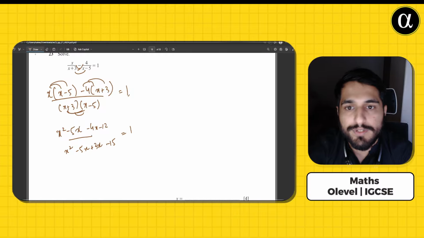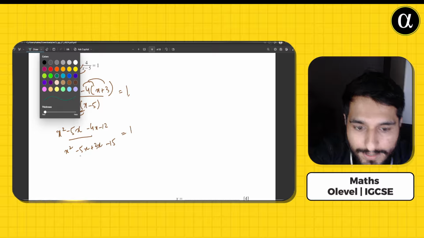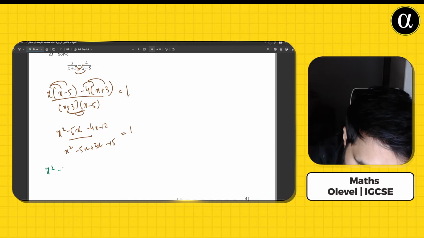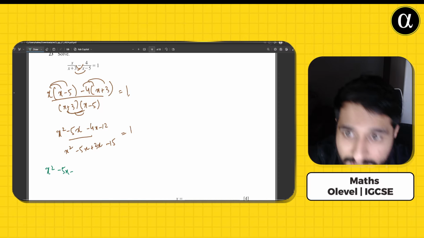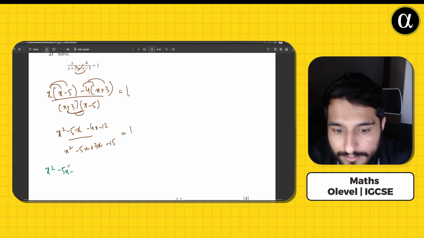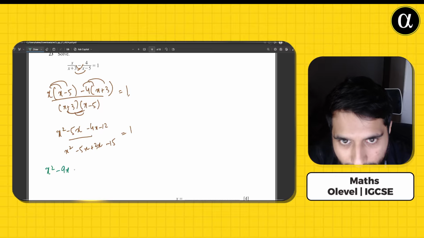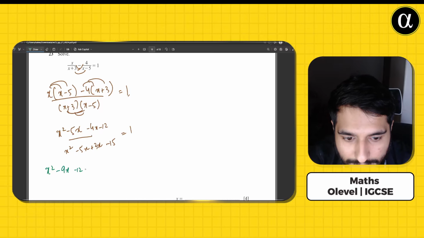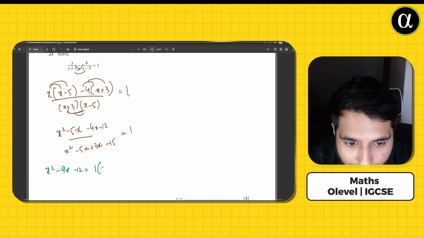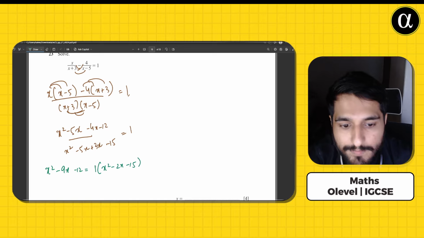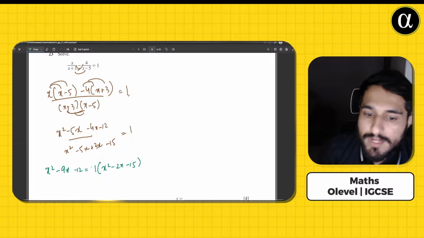When we solve this further, minus 5x minus 4x gives us what? That gives us minus 9x, and minus 12 is equal to 1 times (x squared minus 2x minus 15). So this one would be multiplied and it would still be the same equation.